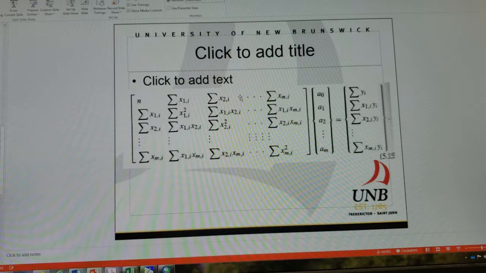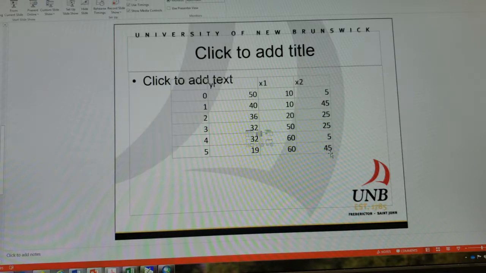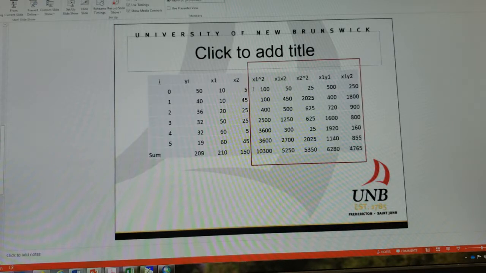It's taking all these values, doing the operations that it needs to do in this matrix, same with this, and then you do your matrix operations to solve for the coefficients. So when you're getting the regression in Excel, that's what's happening. If we have this example of two variables, yi and x1, x2, again, what's happening behind the scenes, you don't have to do this for your assignment, is that the computer is creating a table that needs each of these values in here.